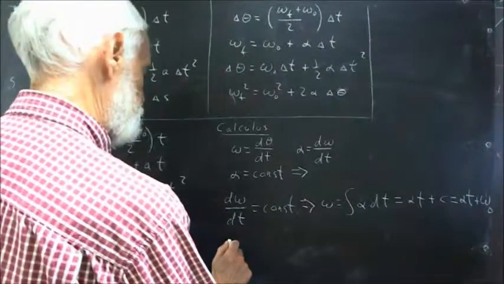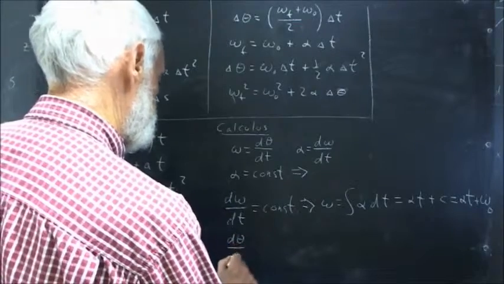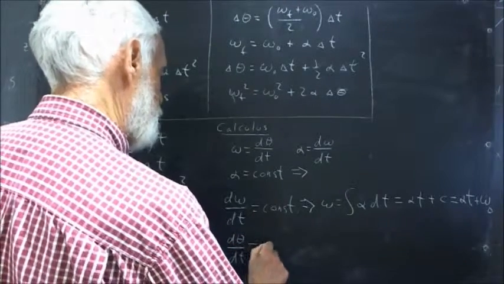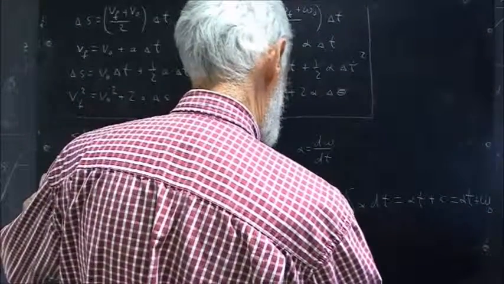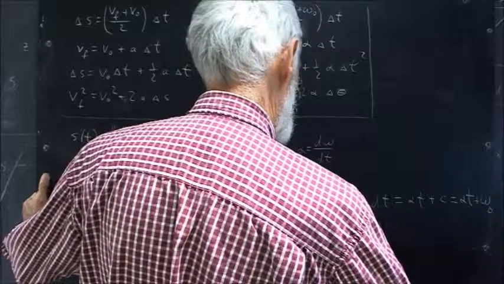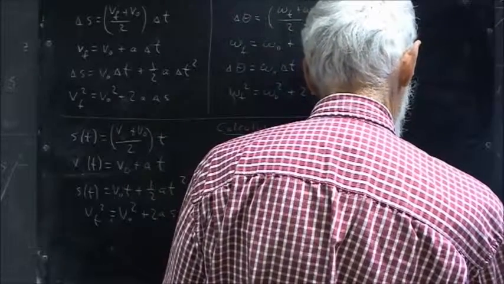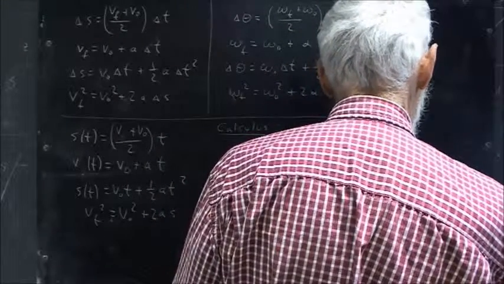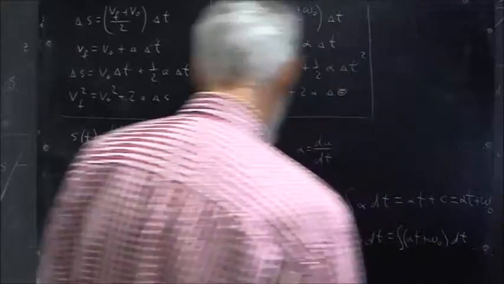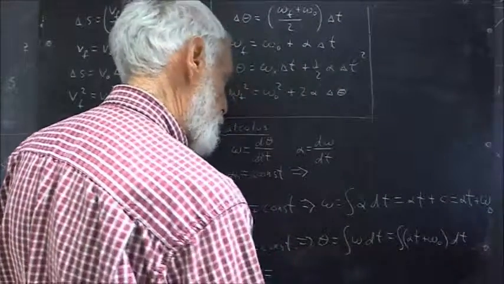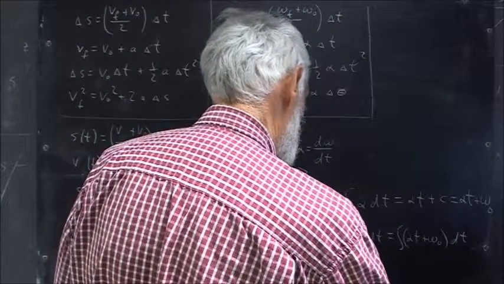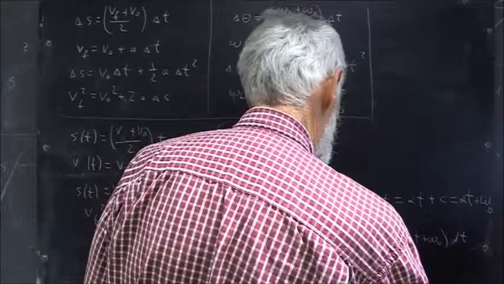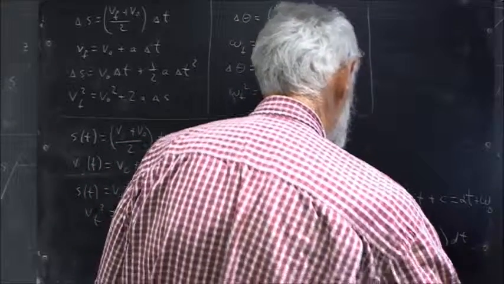And then d theta dt constant implies that theta is an integral of omega dt, which is an integral of alpha t plus omega naught dt, which in general is 1/2 alpha t squared plus omega naught t plus c.